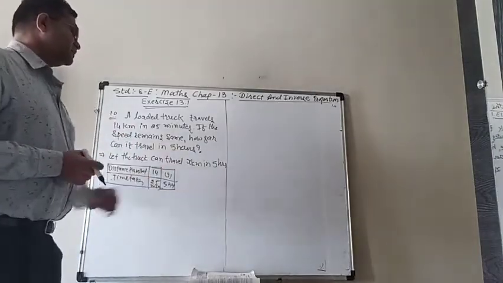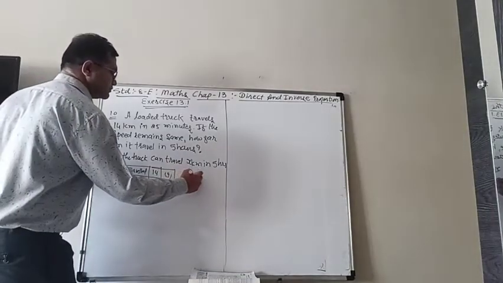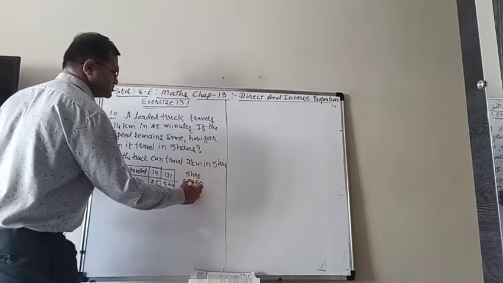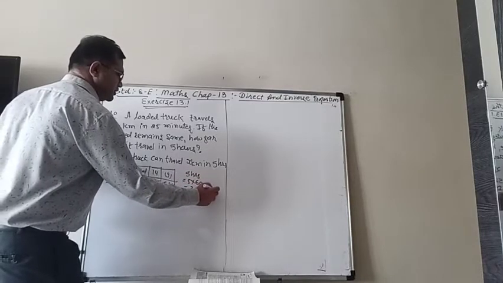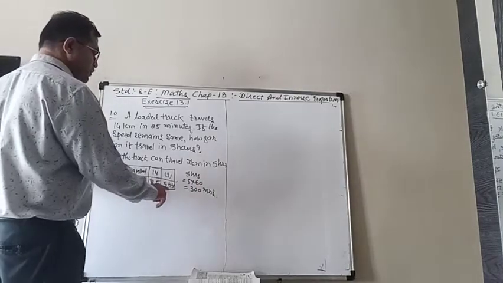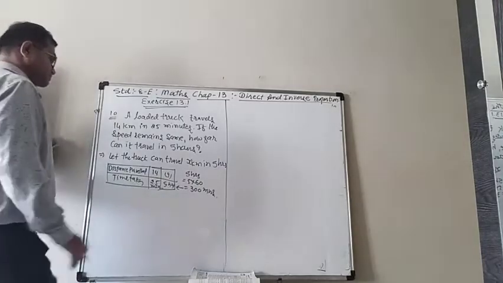So we will convert them. So 5 hours is equal to 5 multiplied by 60, that is 300 minutes. So here in place of 5 hours, we have to take 300 minutes.